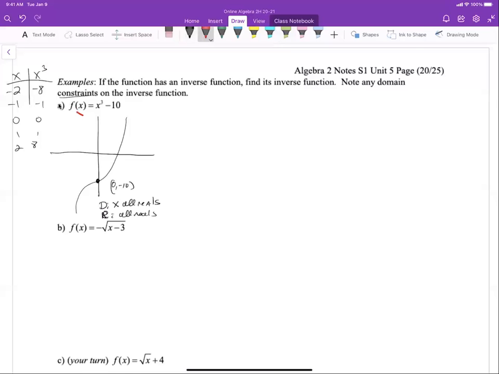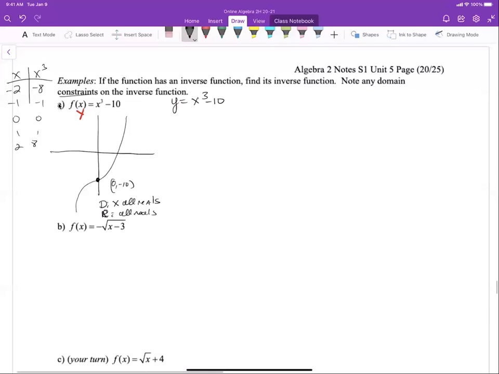I am going to replace that original f of x with a y, and then I'm going to start to develop my inverse function analytically, and I will switch the x's and y's. So I had originally y equals x cubed minus 10. Now I want you to switch. Wherever there is a y, put an x, and where there's an x, put a y.